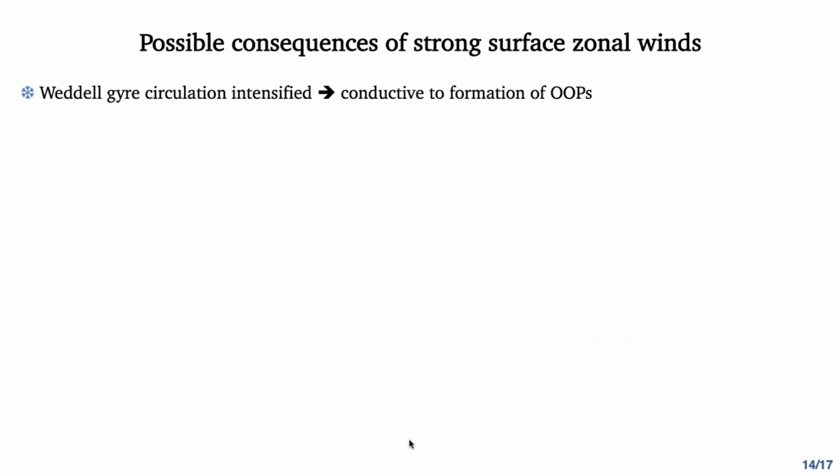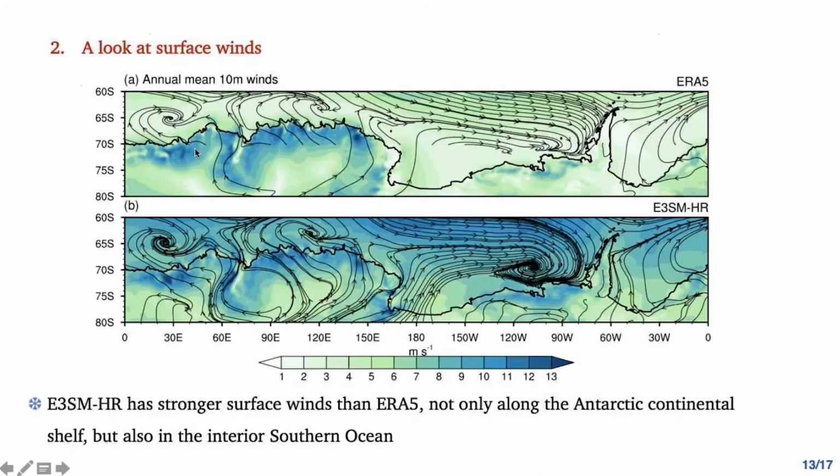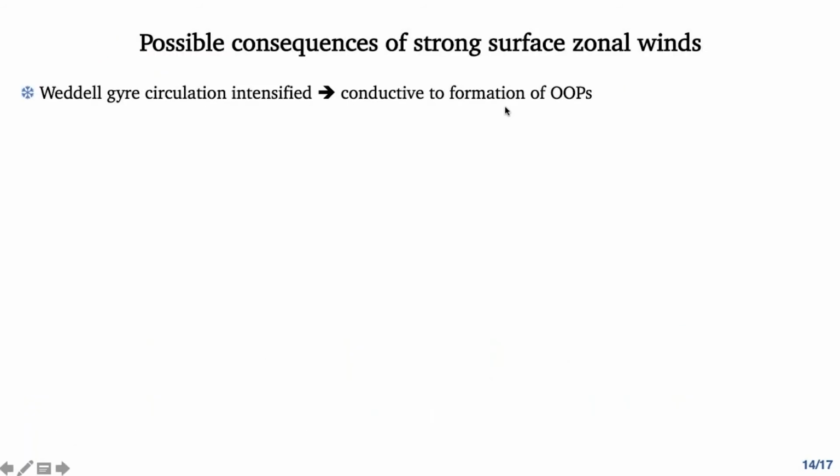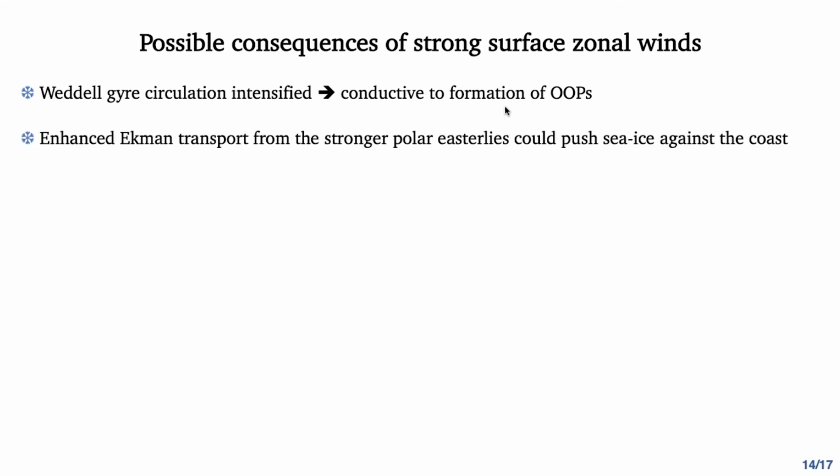This has a few consequences. The Weddell gyre circulation is intensified. As you can see here, this is much more intense than ERA5, and this is an annual average. And so this is actually conducive to formation of open ocean polynyas. So that's probably one of the reasons why we get those more often.